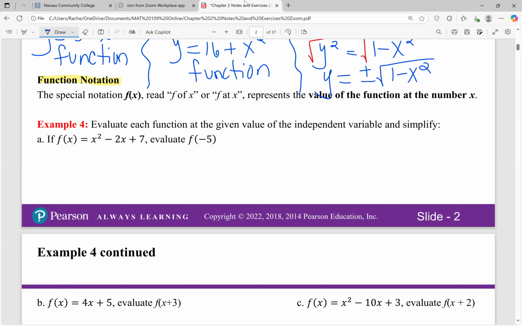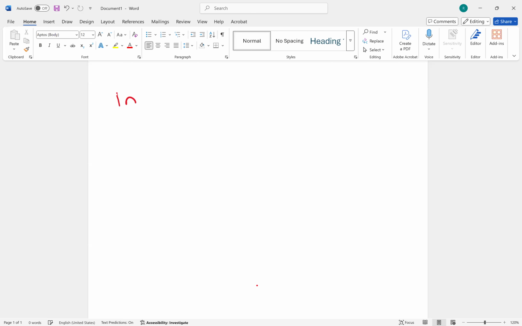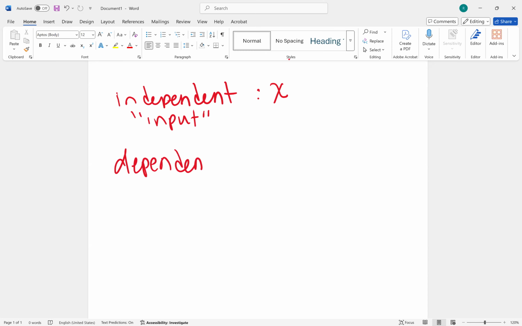So let's just review independent versus dependent variables. And let me go to the whiteboard for a minute. So remember, typically the independent variable or the input, think of independent as the input, is x. And then the dependent variable or the output is y.